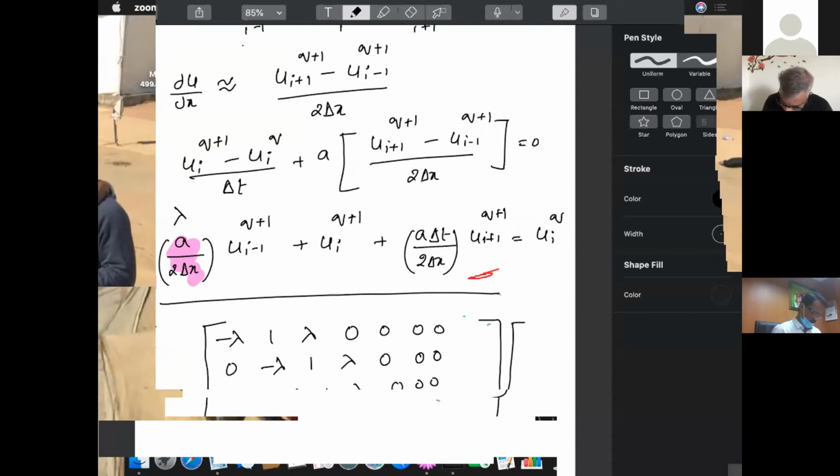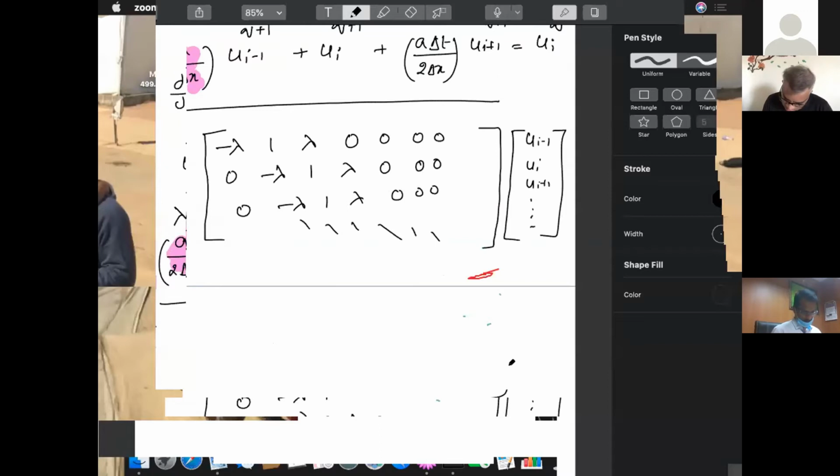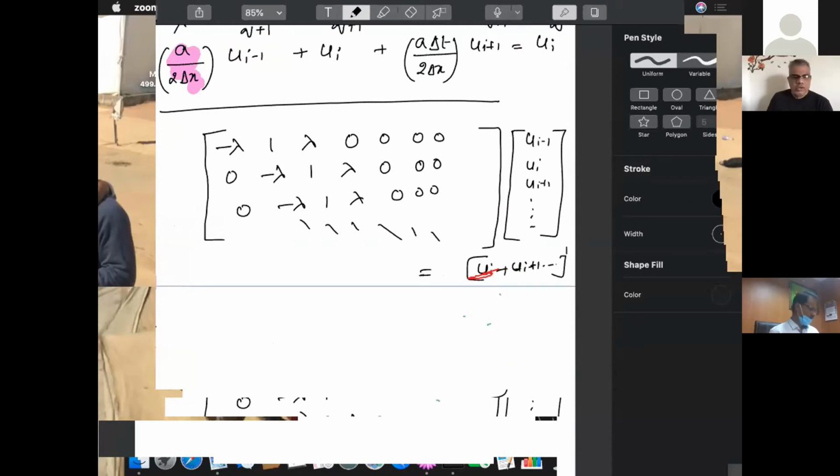You will see u_{i-1}, u_i, u_{i+1}, which is equal to the U matrix, the u_{i+1} and all those things on the right hand side. To solve this, you invert this matrix. In one shot, you get all the values updated in a given time.